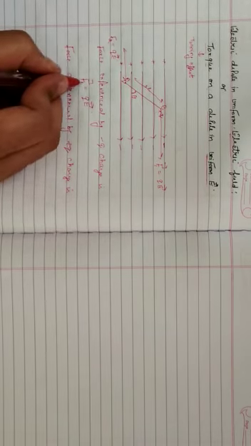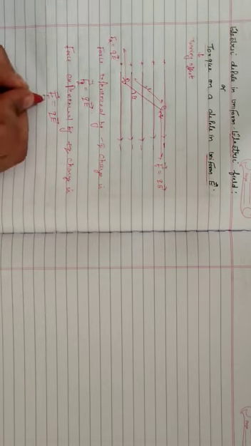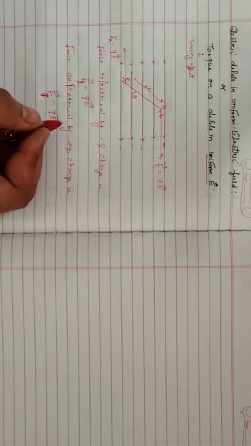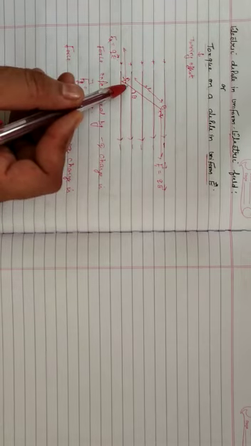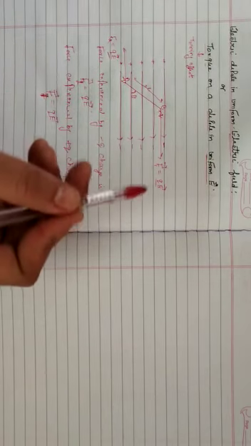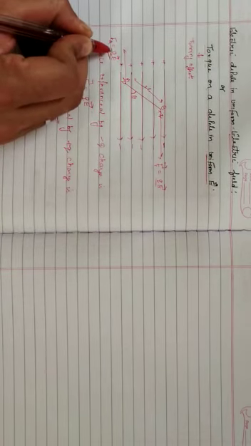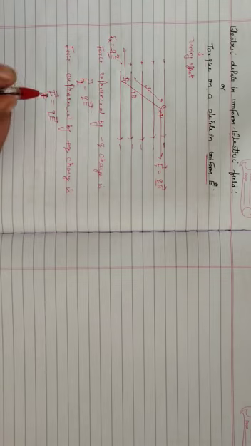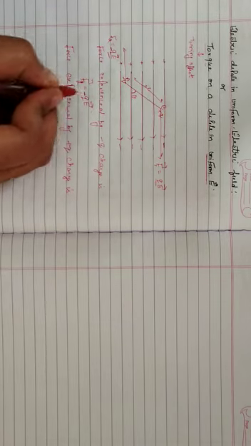This is F2, this is F1. So these two forces are equal in magnitude, qE, but opposite in direction. The negative sign indicates the opposite direction.